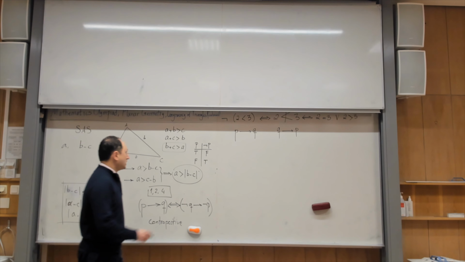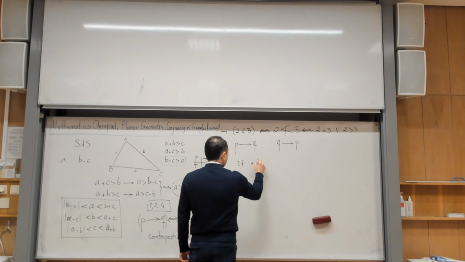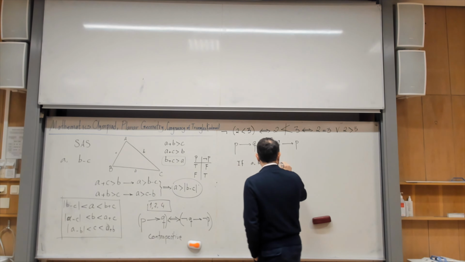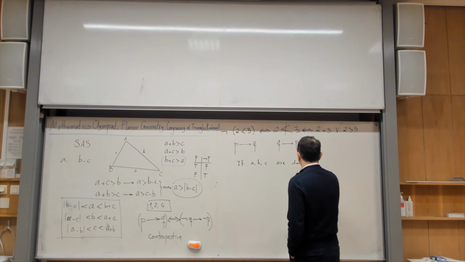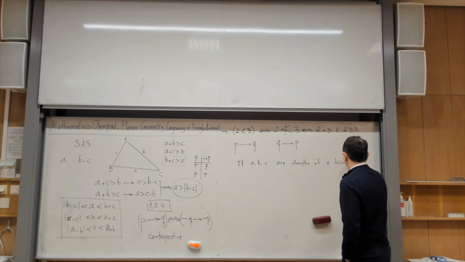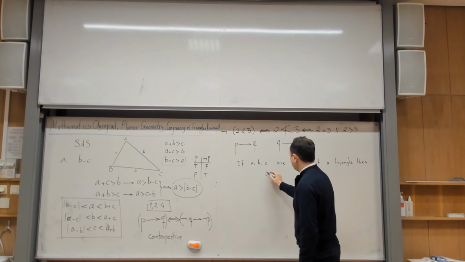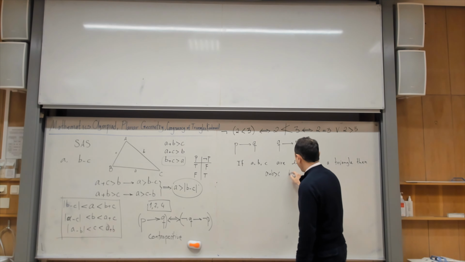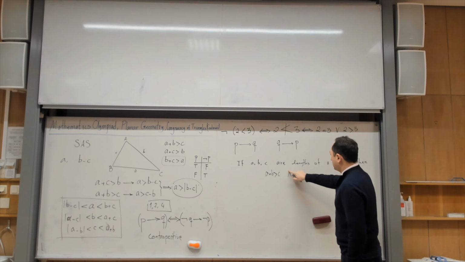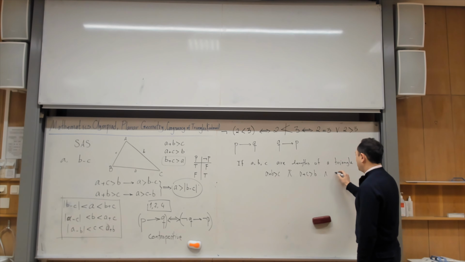So I would say that if A, B, C are lengths of a triangle, then I should have A plus B greater than C and, this is and, A plus C greater than B and B plus C greater than A. Yes?